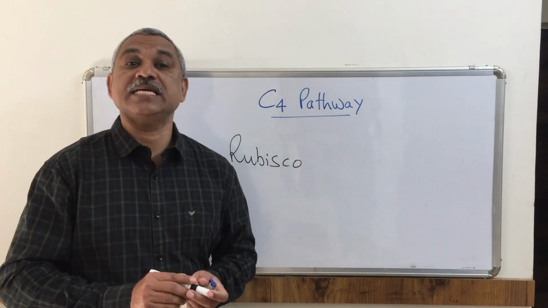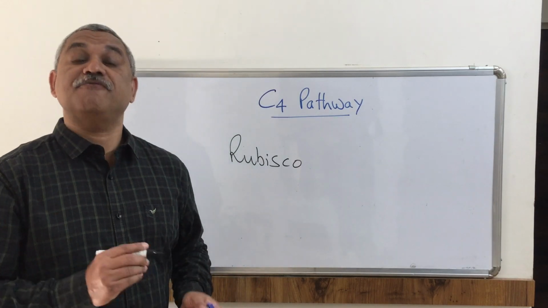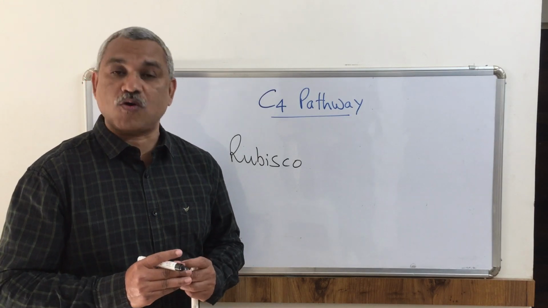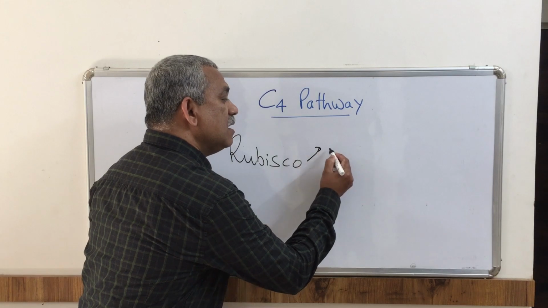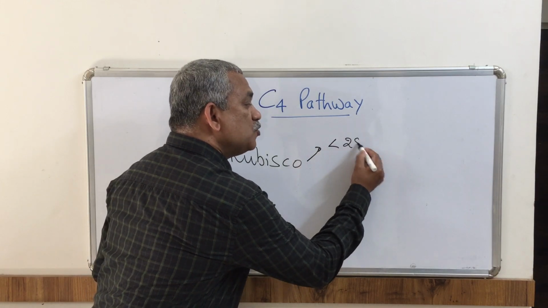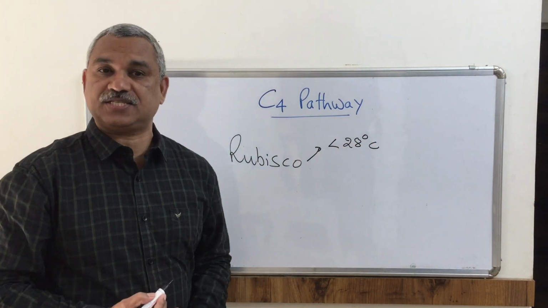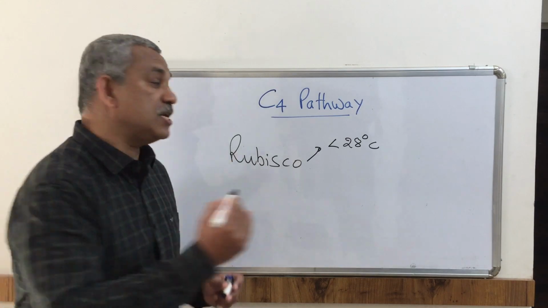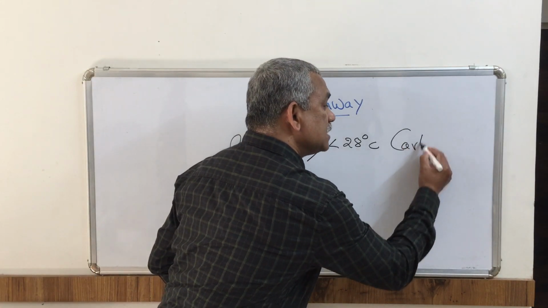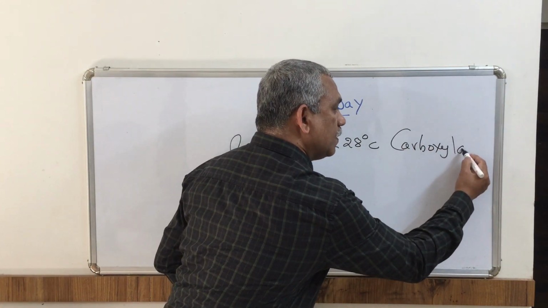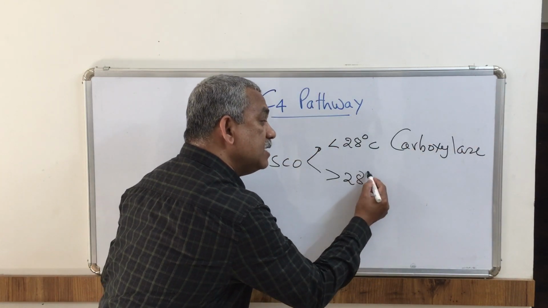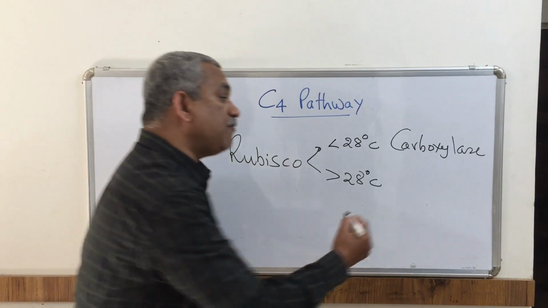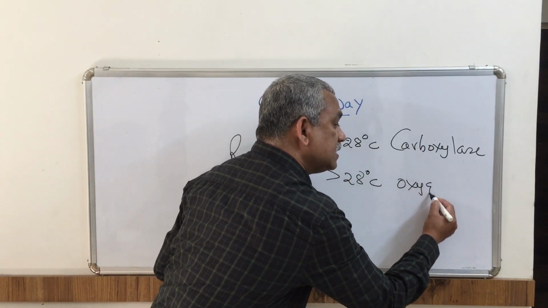When is it acting as a carboxylase and when is it acting as an oxygenase? When the temperature is less than, let's say, 28 degrees Celsius, it will function as a carboxylase enzyme. When the temperature is greater than 28 degrees Celsius, it will function as an oxygenase enzyme.